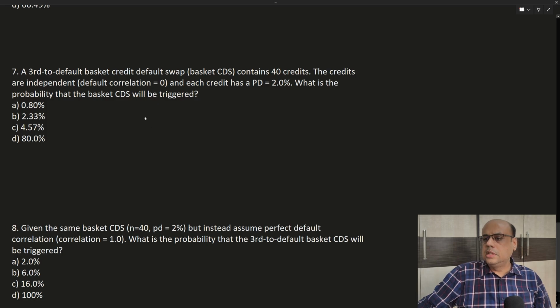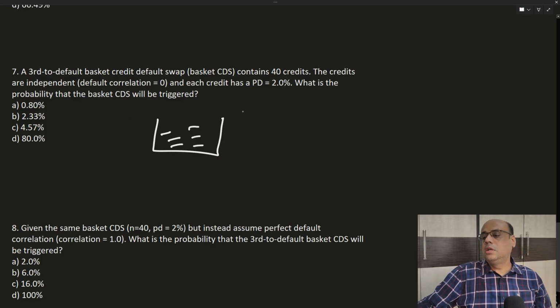A third to default basket of credit contains 40 credits. Let's say this is a basket and there are 40 bonds or companies, take it whichever way you want. Third to default basket means if any 3 default, then this entire basket is considered to have defaulted. The probability of default, PD, is 2%.